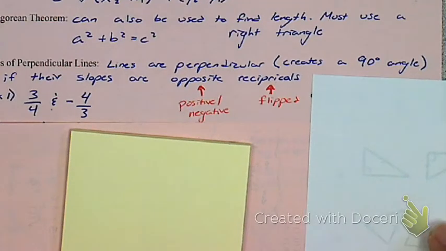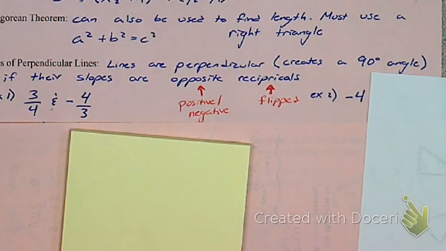What if it was -4? Flip it. It's 4 over what? 1. So you flip it to give you positive 1 over 4.